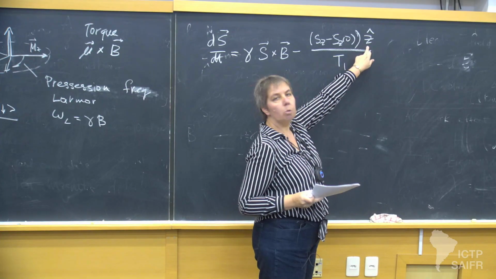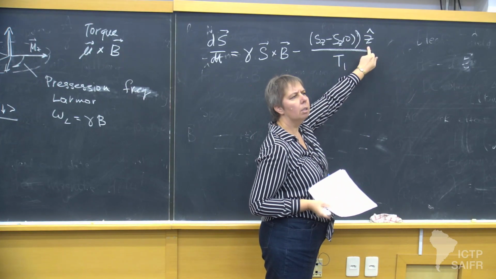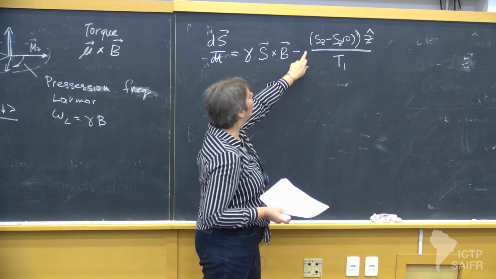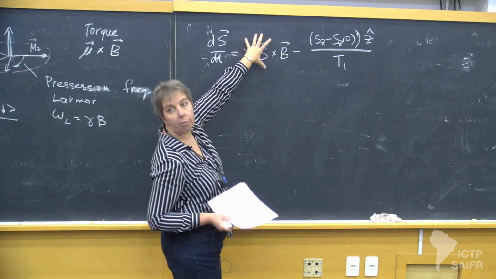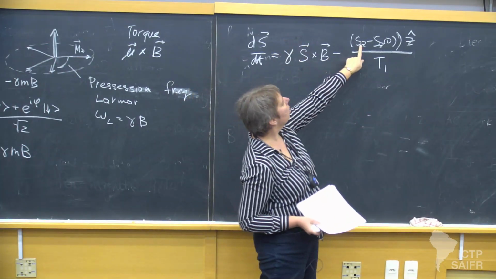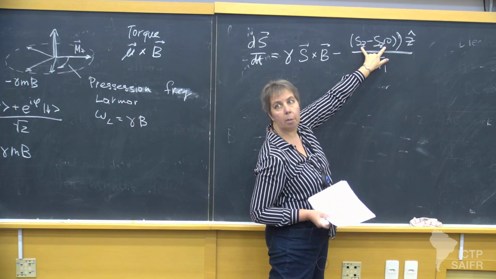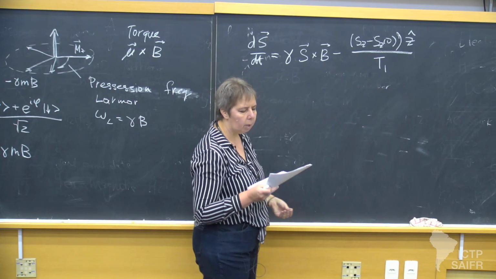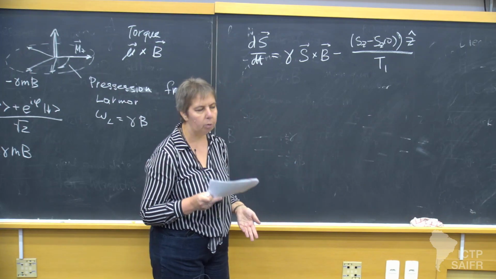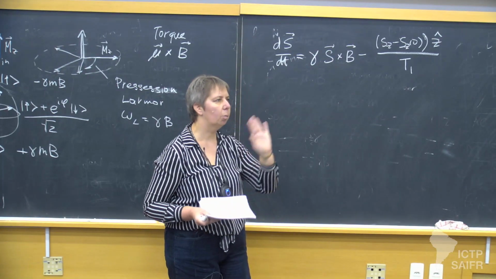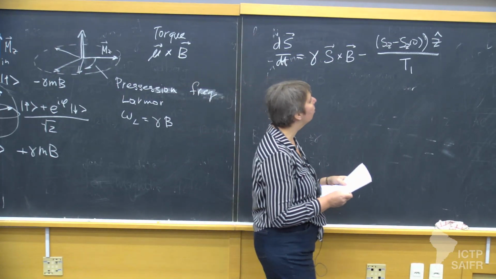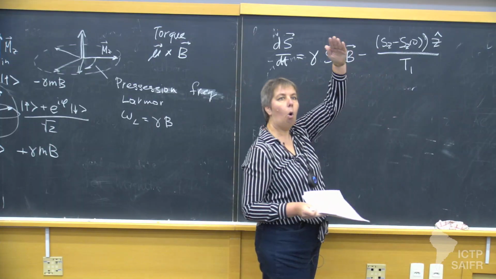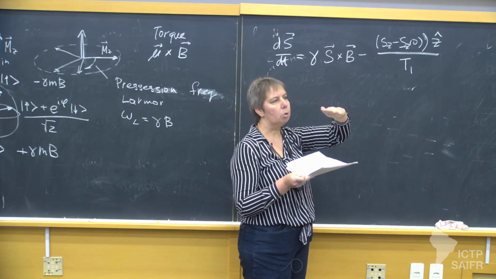Now, do you guys use this notation for the unit vectors? OK, good. So what is happening now, if I forget this one for a moment, you can see that you start with some spin, and in some characteristic time, which is called T1 time, for historical purposes sometimes called longitudinal decoherence, but it's from NMR, that's where the terminology comes from, the whole direction of your magnetization is going to decay.